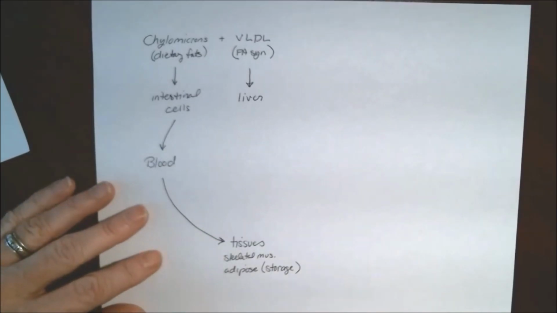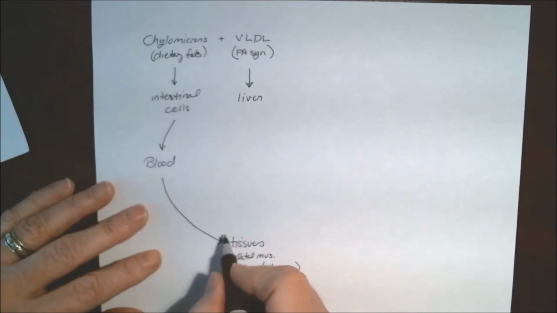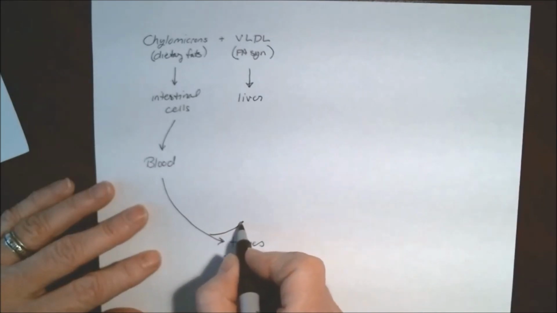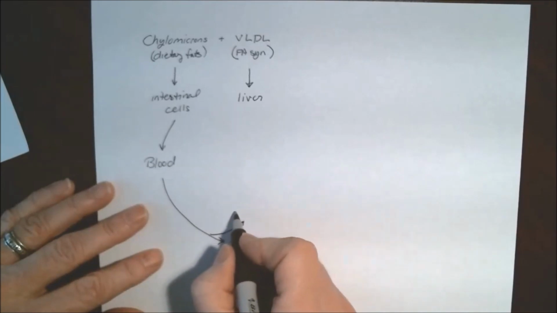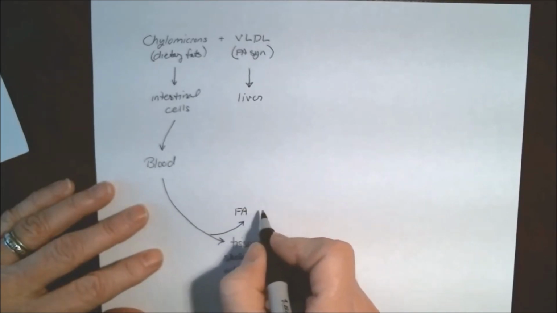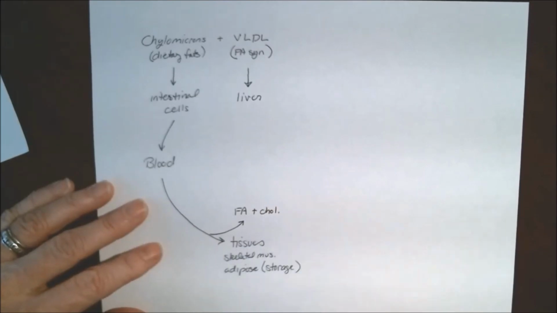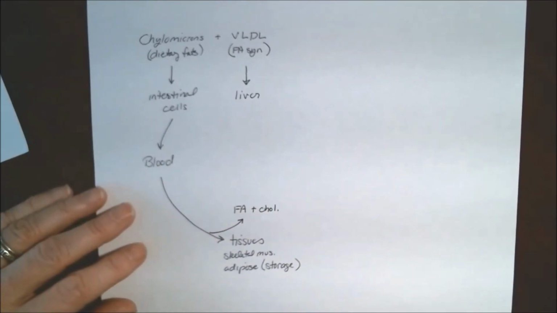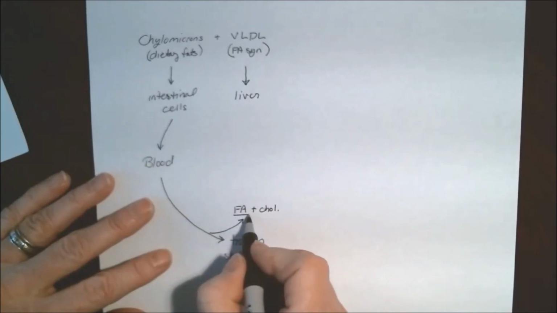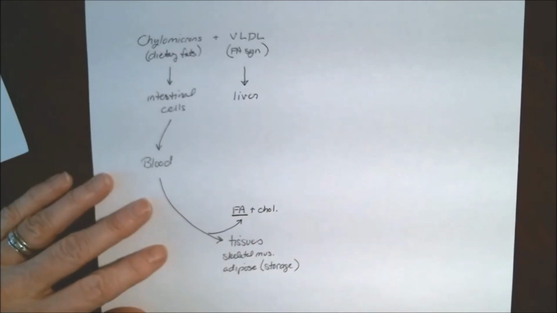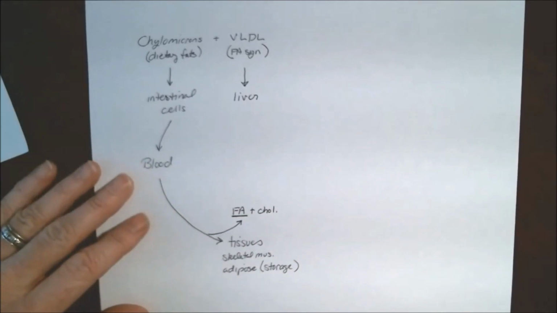As the chylomicrons pass these tissues, we'll see the mechanism in the next video, they are going to extract material that they're going to need. And the extraction of material is going to be fatty acids plus some cholesterol. Primarily, though, this is going to be the delivery of fatty acids from the dietary sources to the tissues.